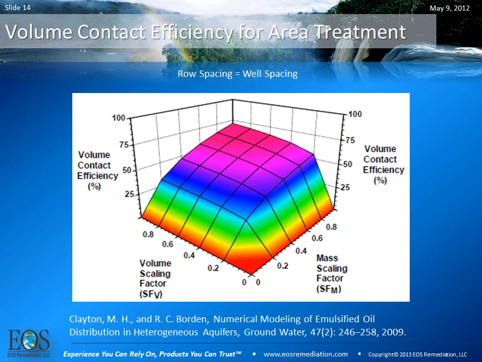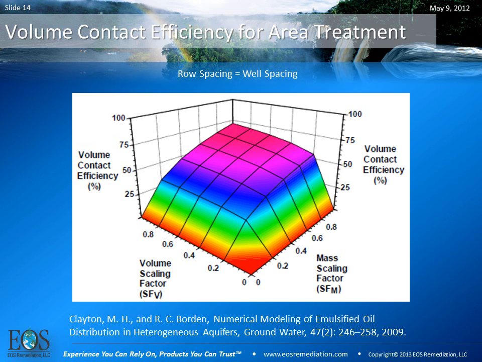So what it means is that you can have a lot of oil going in but very little volume, or you could have maybe a lot of oil going in and a lot of volume. So that would include a lot of chase water or dilution water as well. What this graph shows, this is a regression surface graph, and it's basically showing you the effect of volume scaling factor and your mass scaling factor, again the volume and the mass of oil that you're adding to the subsurface, and how that affects the contact efficiency, and that's defined as your volume contact efficiency, or EV.